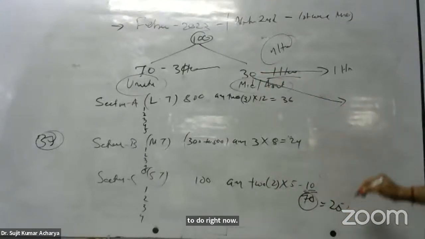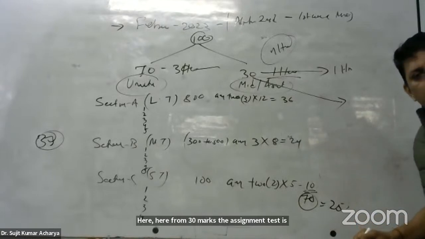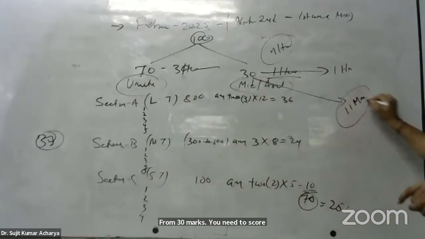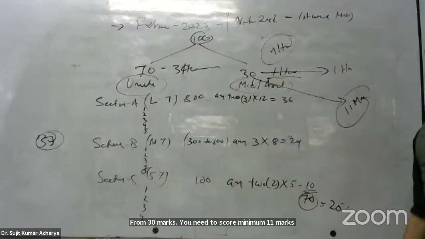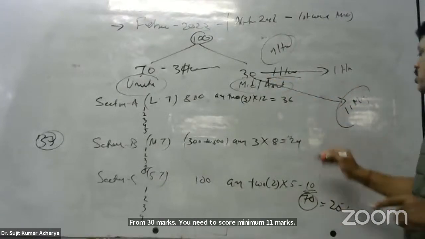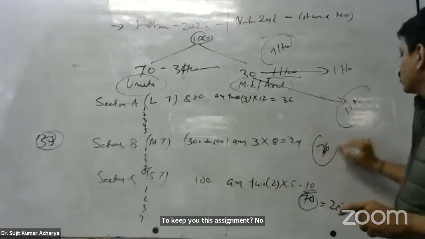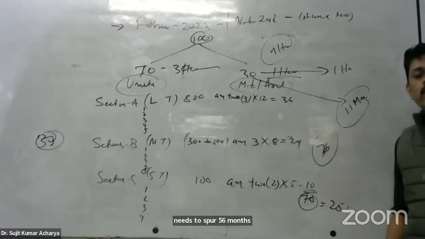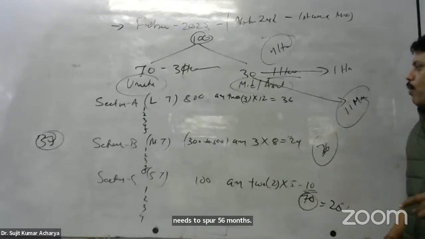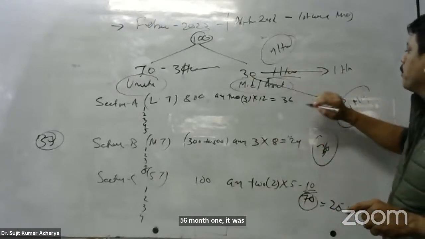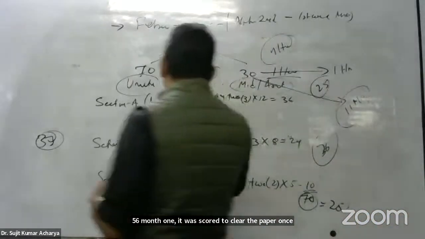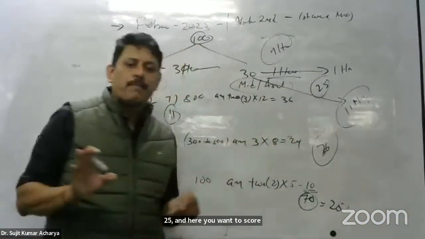Right now, the assignment test is 30 marks. From 30 marks you need to score a minimum of 11 marks to clear this assignment paper. Combining both, one needs to score 36 marks to clear the paper. One student may score 25 in the university exam, and if they score only 11 in the assignment, they will clear.